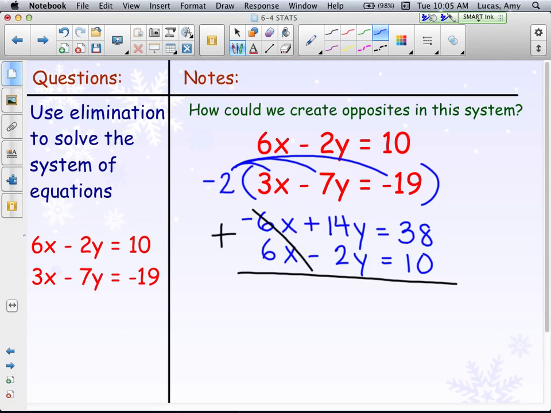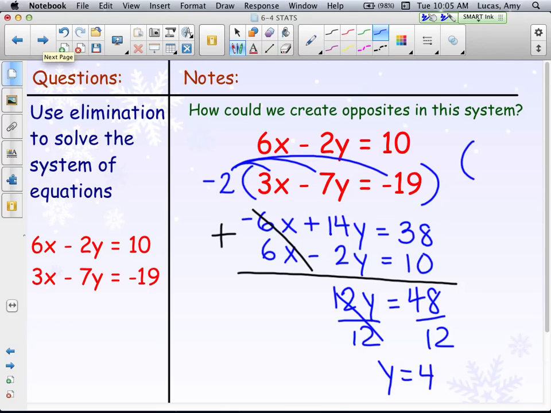Now, if I add together my y coefficients, positive 14 and negative 2, I get positive 12y equals 38 plus 10 is 48. This divides evenly, so y equals 4. So for my solution, I have found the y coordinate first. The y coordinate is 4.